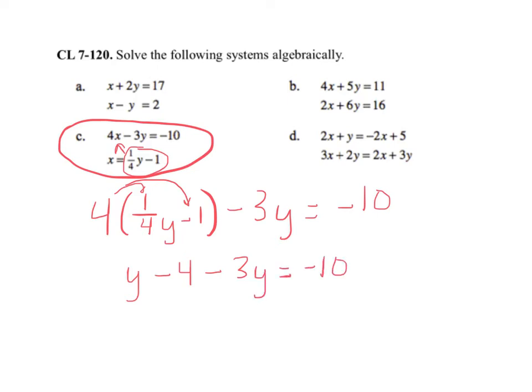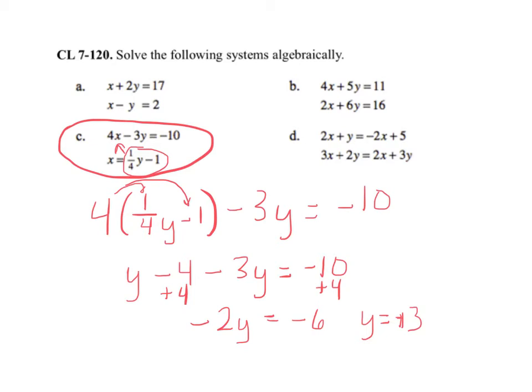So negative 2y, and I'll do this all in one step, plus 4 plus 4. Negative 2y equals negative 6. Y equals negative 3. It would be a positive, or a positive 3. Positive 3.